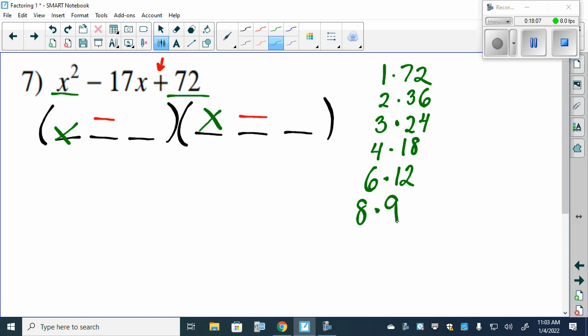All right. Which set of factors do we want to try first? 8 and 9? Why would you pick 8 and 9 over, say, 1 and 72? 72 is way too big, isn't it?